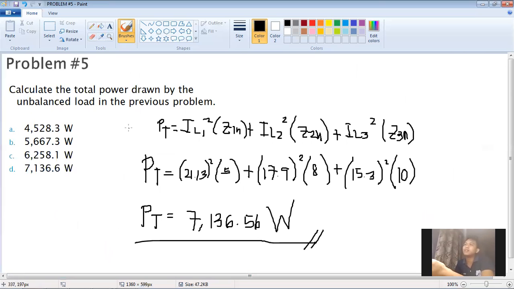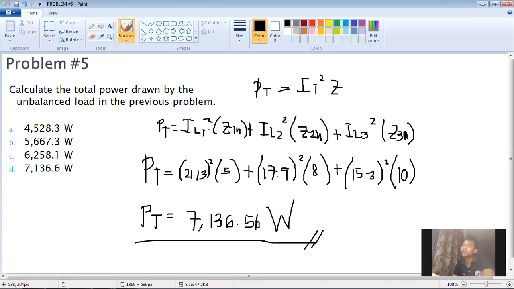So we can get the total power. We all know that PT is equal to IT squared times the impedance.